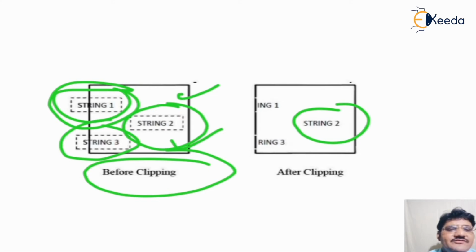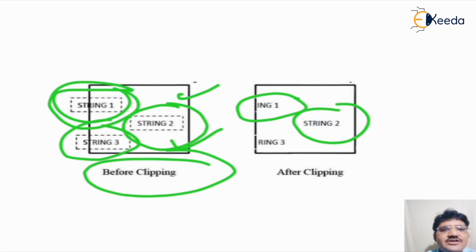In this method, the character lying on the boundary as well as all characters outside the clip window will be discarded. So after clipping by this method, we get this output, ring1.